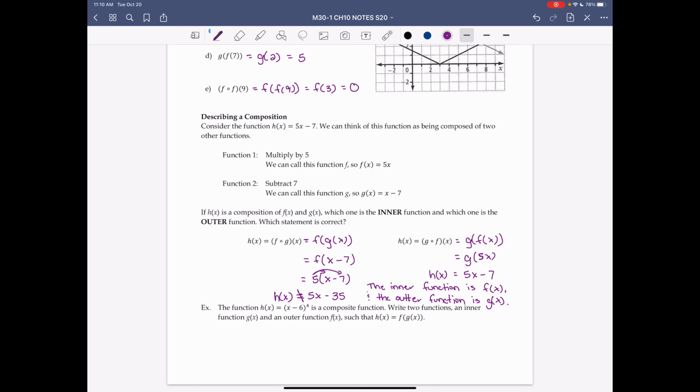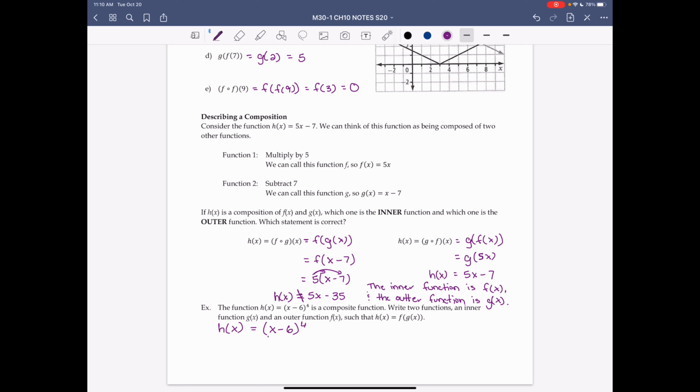The function h of x equals x minus 6 to the power 4 is a composite function. Write two functions, an inner function g of x and an outer function f of x, such that h of x equals f of g of x. Well, if we think about it, h of x equals x minus 6 to the power 4.